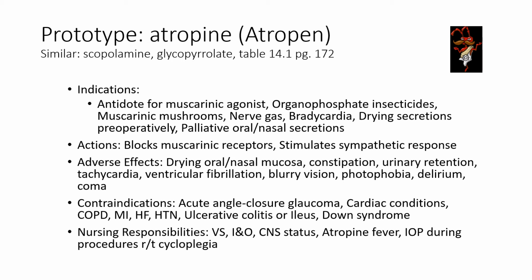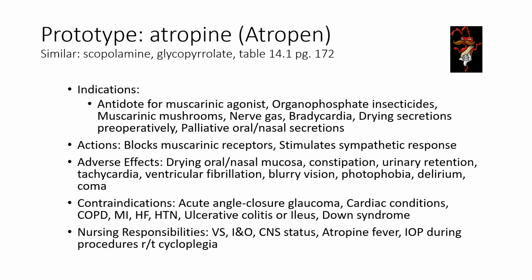Contraindications. Well, because it dilates the eye and it squishes the iris, so the iris dilates, right? And you have a huge pupil. Well, all that iris tissue is squashed up against the side of the eyeball. You can run into problems with acute angle closure glaucoma.